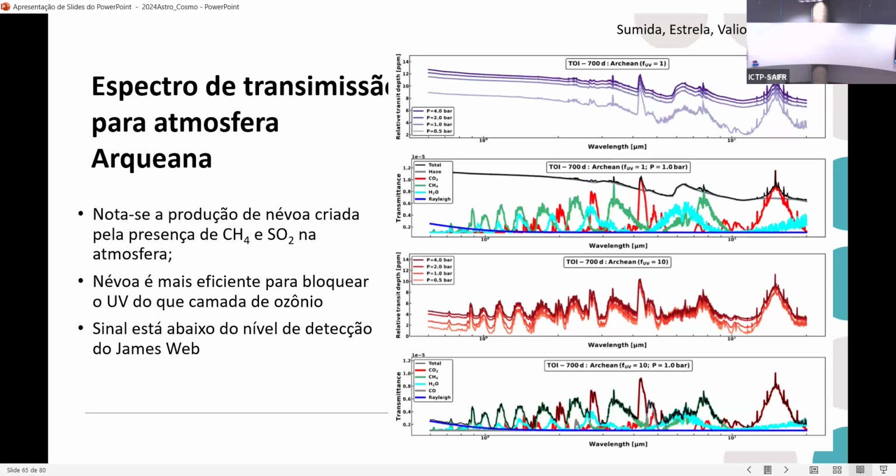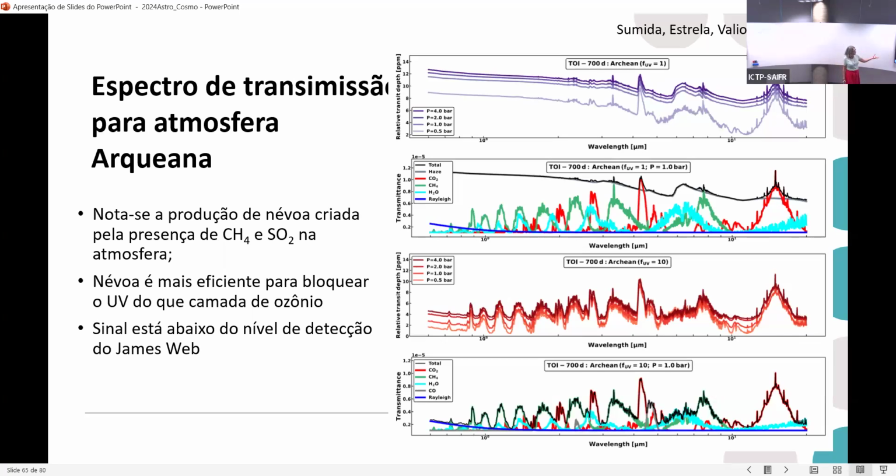So if we look here, the interesting part is that for the Archean with no flares, there's a formation of haze here, which will protect the planet's surface more than an ozone layer. So it was a very interesting discovery. And this comes basically from the presence of methane and SO2 in the atmosphere of this planet.